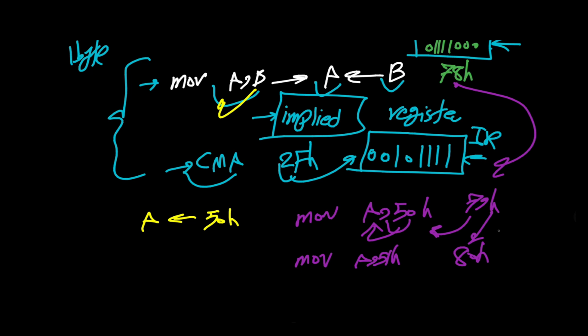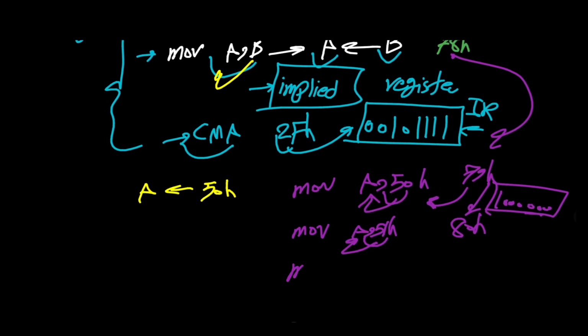Meaning, if I have 10000000 in binary in the IR register, the CPU would write the value of 51 in hex inside the A register. But what if you want to move the value of 52 in hexadecimal? You again say 81, but this would go on and on.